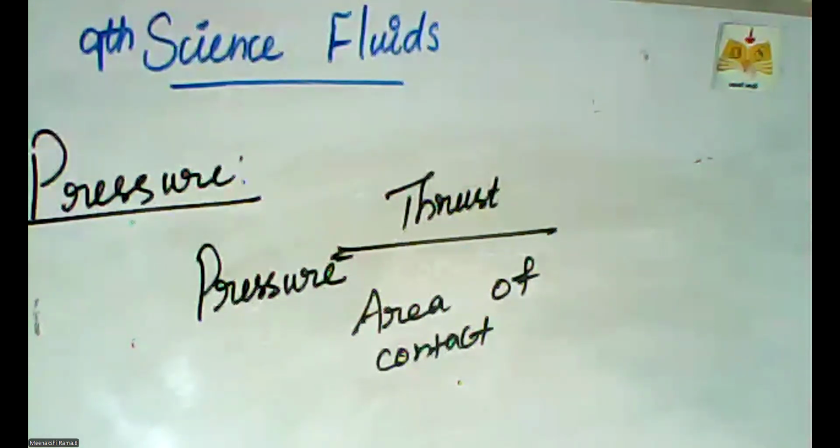So the effect of the thrust depends on the area on which it acts. Is that clear? For the same force, if the area is larger, pressure is low, and vice versa.